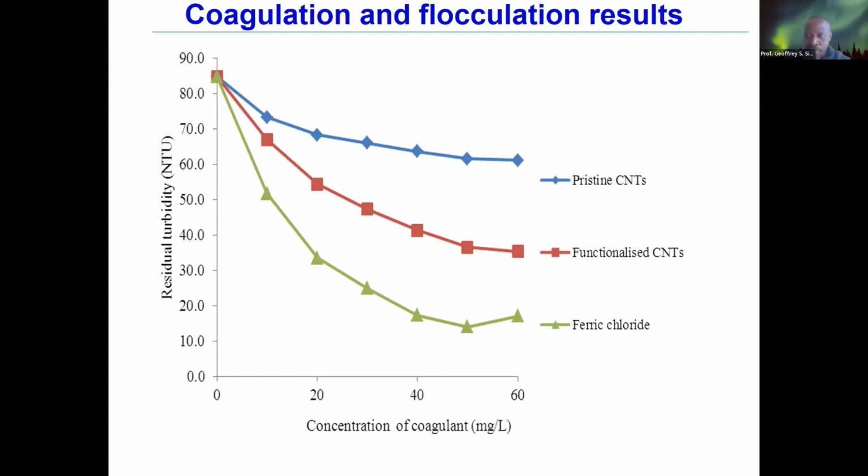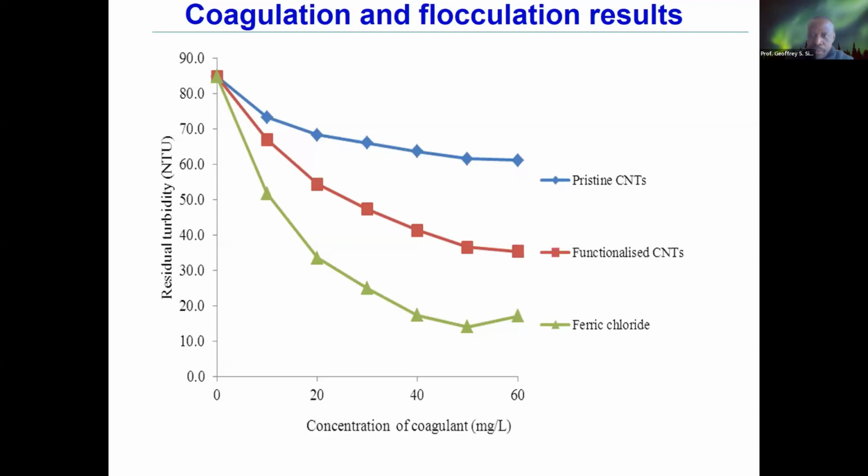So that could be one of the reasons why ferric chloride was better than the functionalized carbon nanomaterials, because, as we observed later, the mechanism for coagulation of these colloidal materials for the functionalized carbon nanomaterials was only adsorption and charge dispersion.